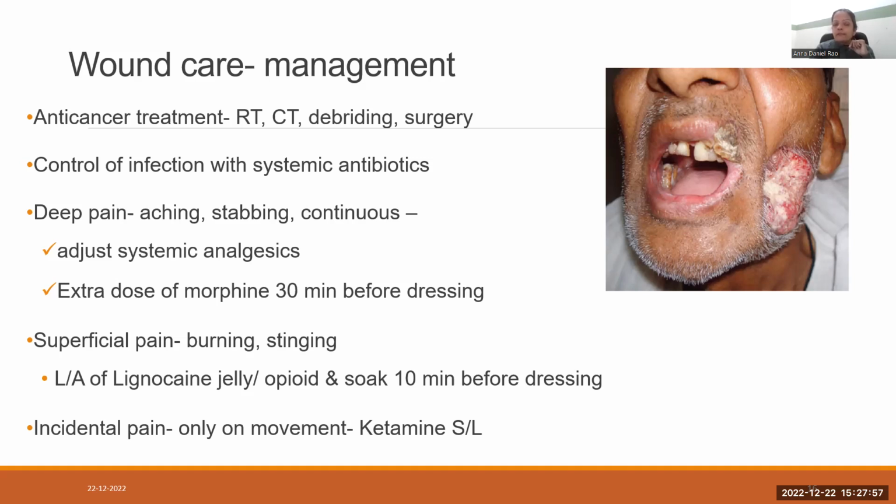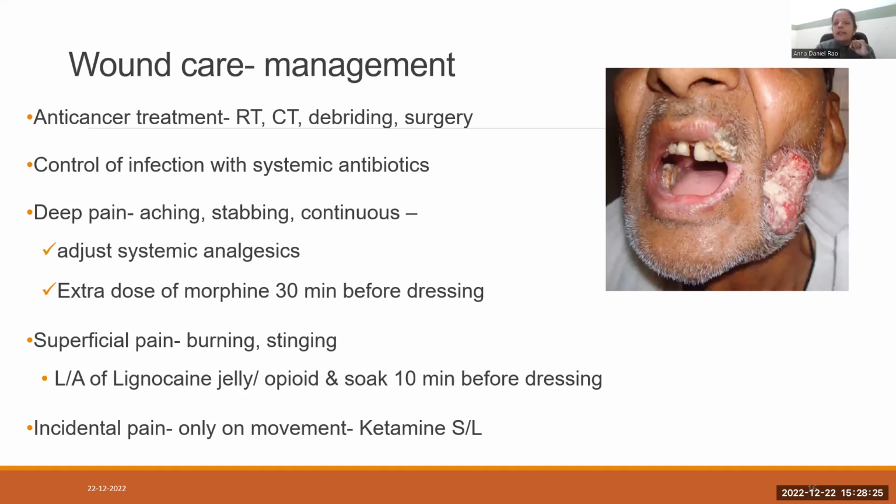What kind of pain and how to control with the help of medicines. Adjust the doses of all the kinds of medications. Whenever we need to do dressing, to reduce the pain level, what you can do is give morphine.